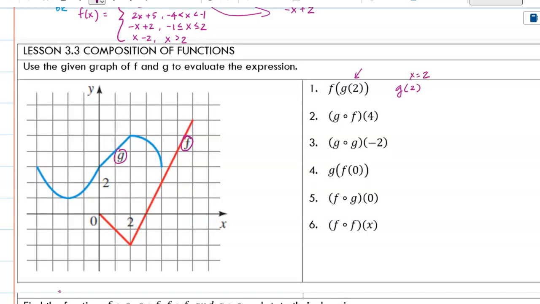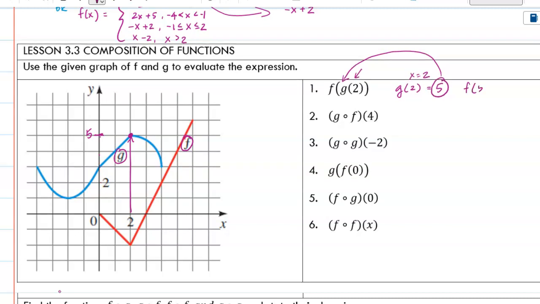In the g function, when x equals 2, here's 2 right here. What is the output? 2, 3, 4, 5. It is 5. Now I'm going to take that and put it into the next function, which is f.